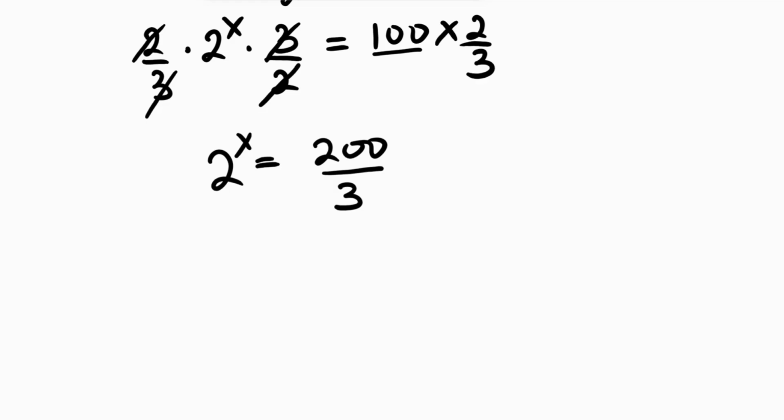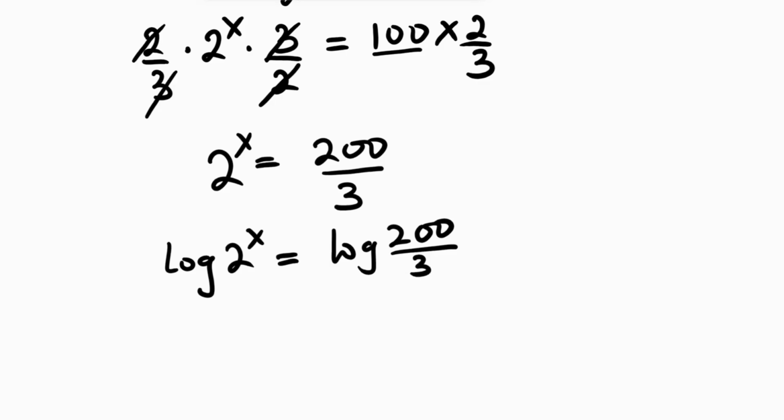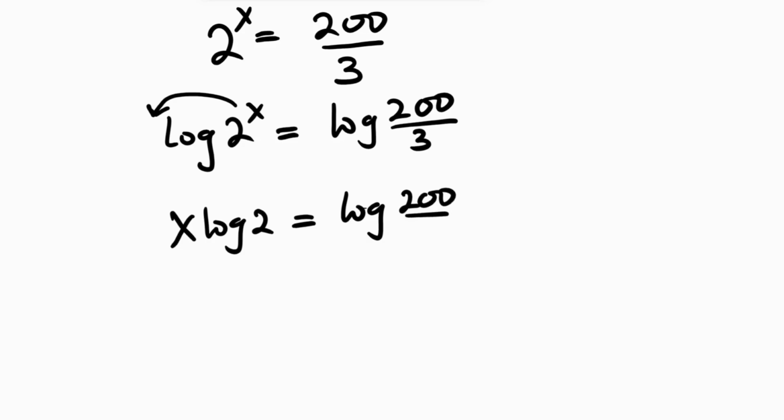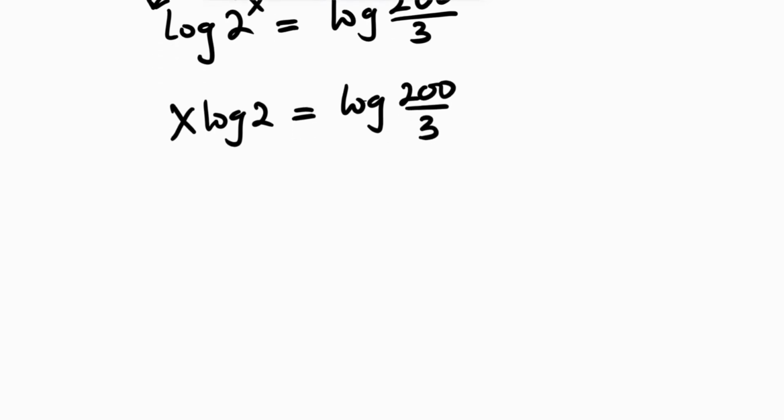So next, now we apply log to both sides. So we have log 2 raised to the power x equals log 200 divided by 3. Now this x comes over to this side and becomes x log 2 equals log 200 divided by 3.